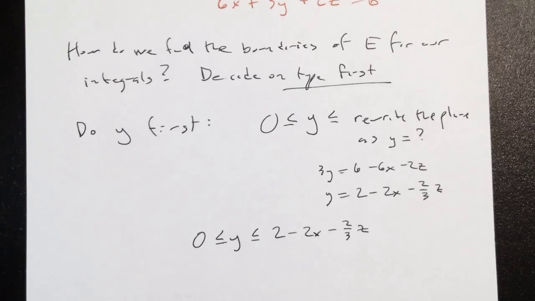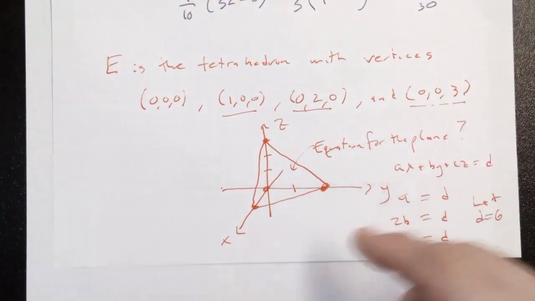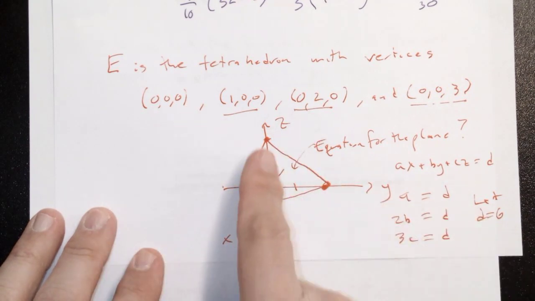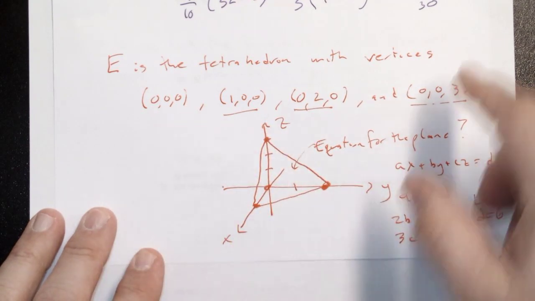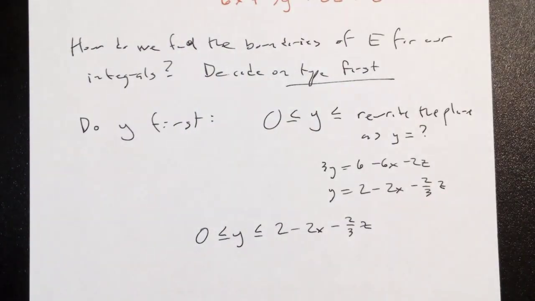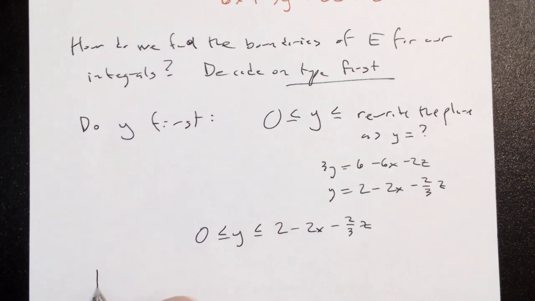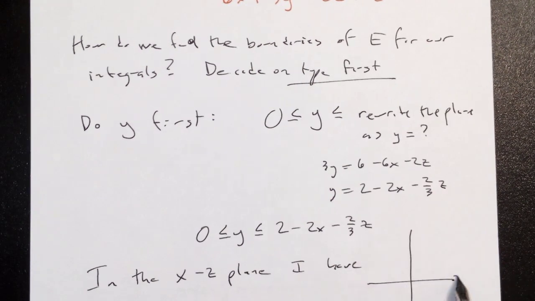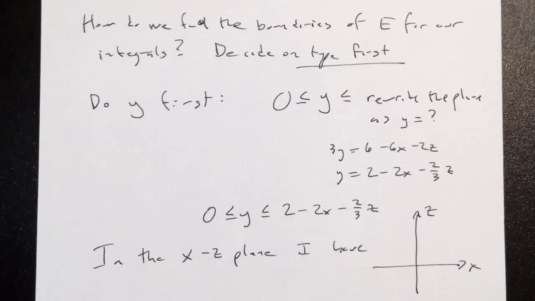I go back to this picture. The xz plane where y equals 0 has a triangle in it. Let's draw that triangle. Wait a minute.